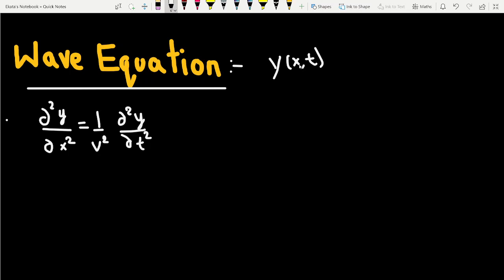For now you can understand that y is some sort of displacement of the particle, and it is dependent upon both x and t. We'll discuss this in later videos, but now let's imagine that y is a function dependent upon x and t, and it is the displacement of the particle from its mean position. So now let's start our proof of this expression.